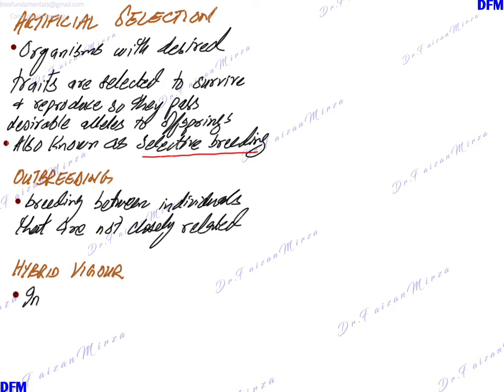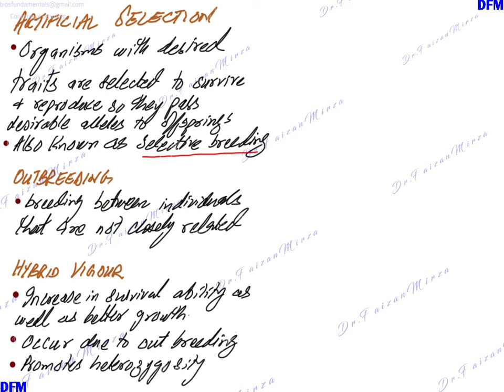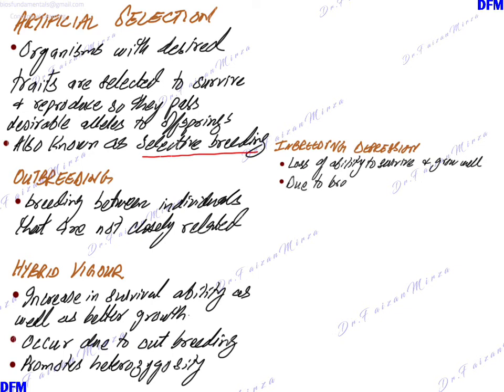What is hybrid vigor? Hybrid vigor is an increase in the survival ability as well as the better growth of an organism, and this occurs due to outbreeding. This leads to hybrid vigor. It promotes heterozygosity, because those individuals will have more heterozygous features rather than homozygous recessive traits. Inbreeding depression is the loss of ability to survive and grow well.